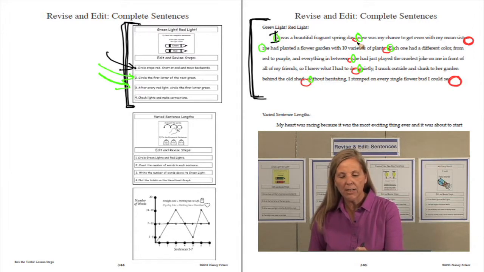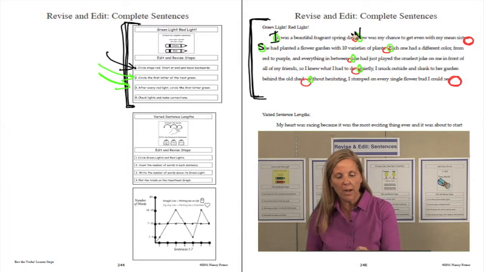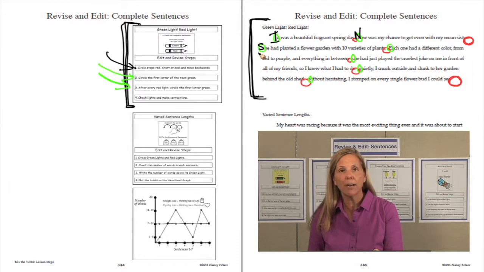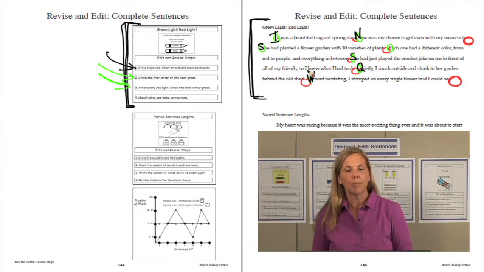Go to the next letter, I see it's a lowercase, I need a capital. If they don't have an uppercase, then I put an uppercase there. Notice in my next circle it already has a capital, so I'm good. I keep going through and find all of my green circles, and if they need a capital, I put the capital there.